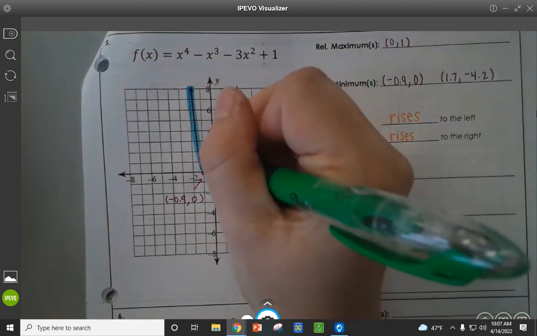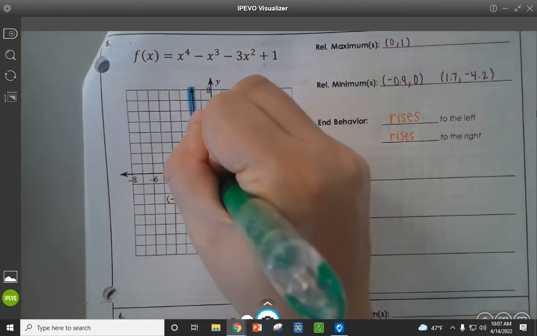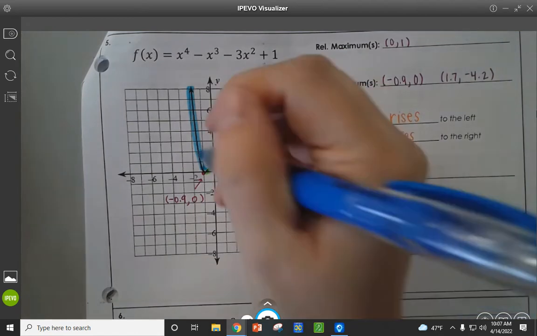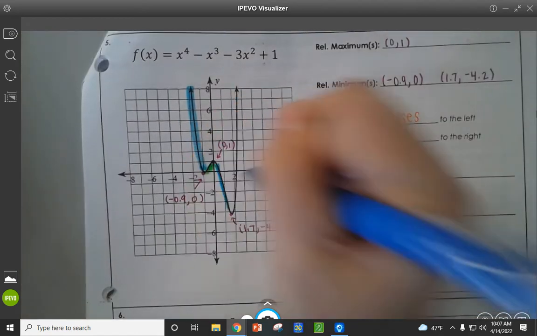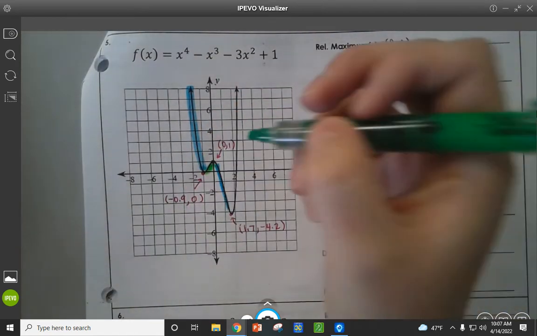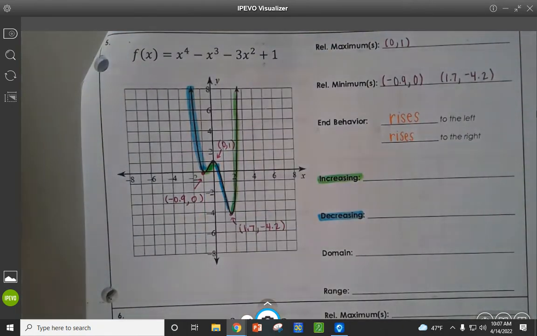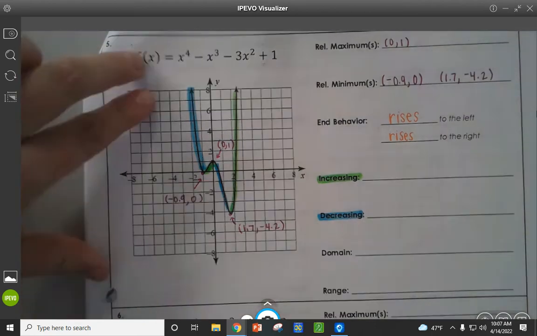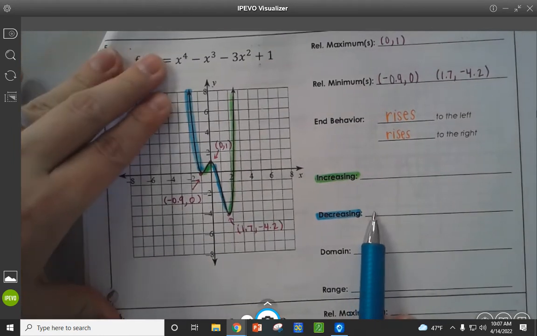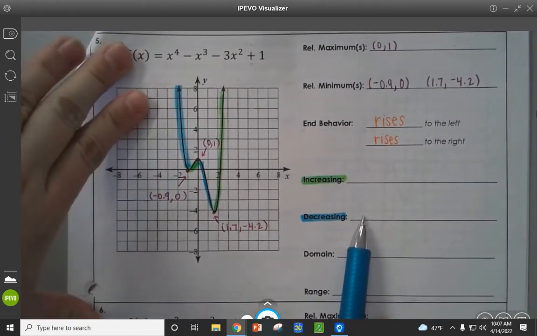And then I increase, and then I decrease, and then I increase. So down, up, down, up. So going back, I start out decreasing. Where do I actually start?